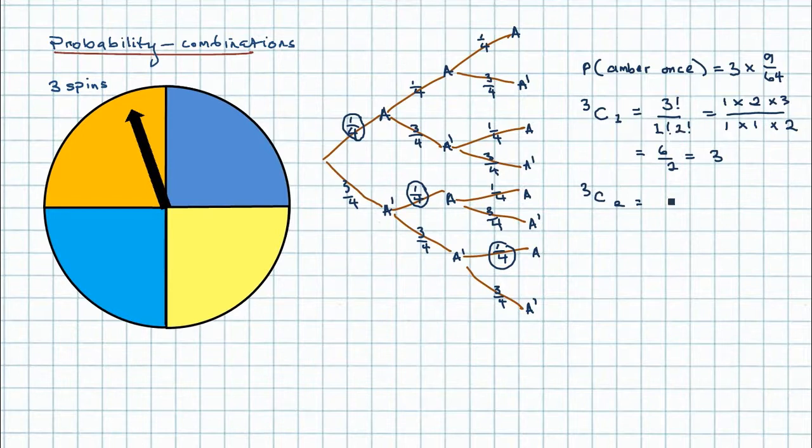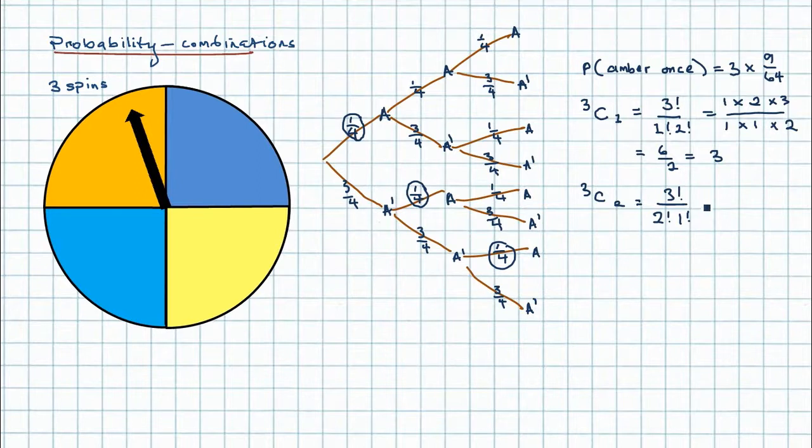So will that give us a different result? Well, no, it should also give us 3. And let's see how that works. 3 choose 2 gives us 3 factorial here. Underneath, we now write 2 factorial. But remember, in this formula, the complement, which is 1 in this case, 3 take away 2 is 1, goes there.